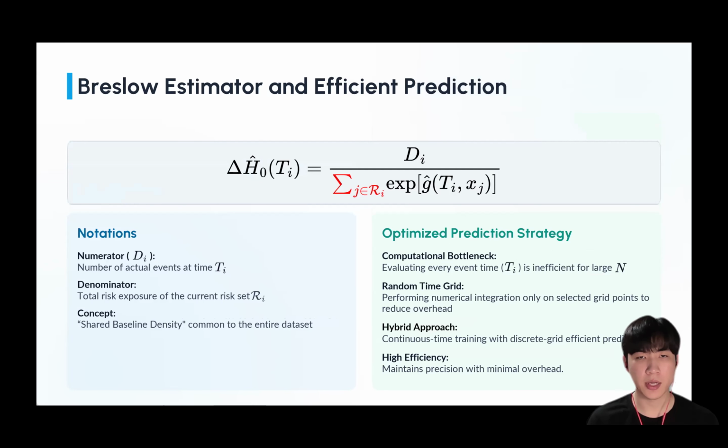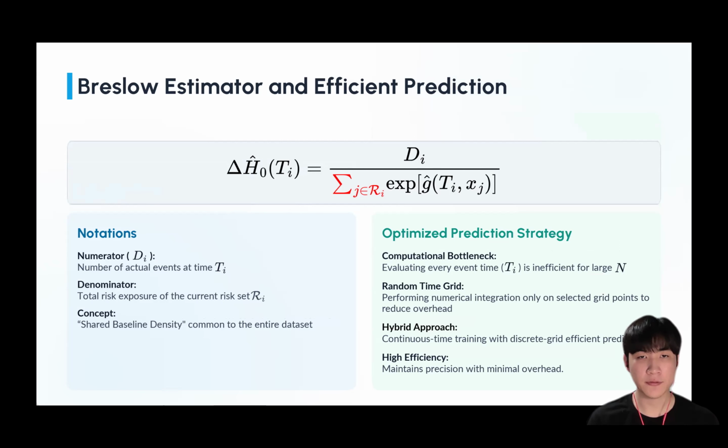The Breslow estimator represents the shared baseline density for the entire dataset. To get the cumulative hazard, we multiply its density by the individual risk and sum it up over time.